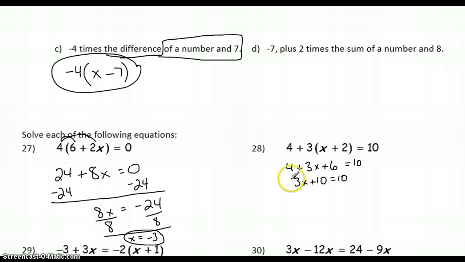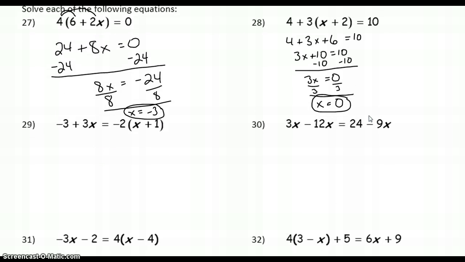This is my only x, so I want to subtract off the constant. So I'm subtracting 10 from both sides. I end up with 3x equals 10 minus 10, which is 0. If I divide both sides by 3, that gives me x equals 0 divided by 3, which is 0. So I get 0 for the answer to this one.